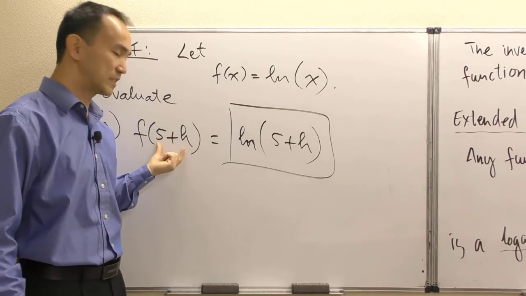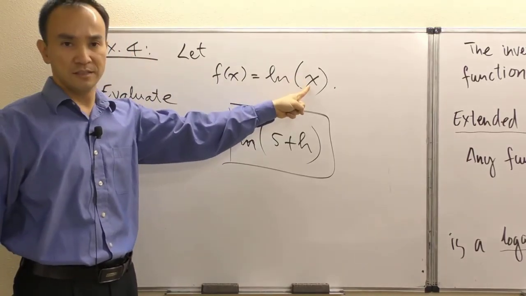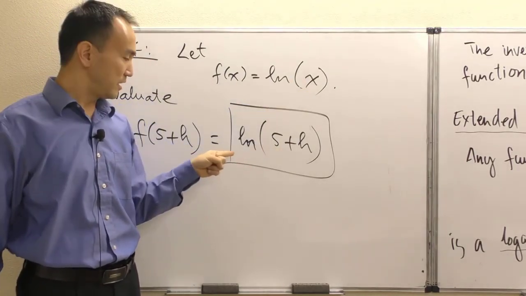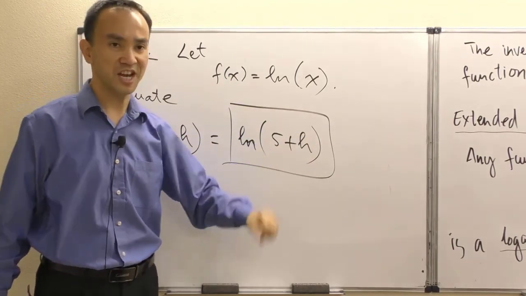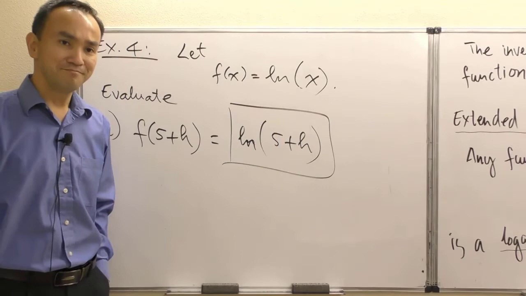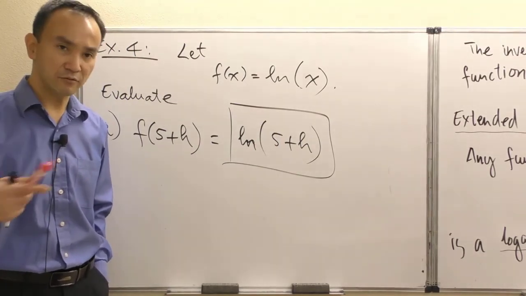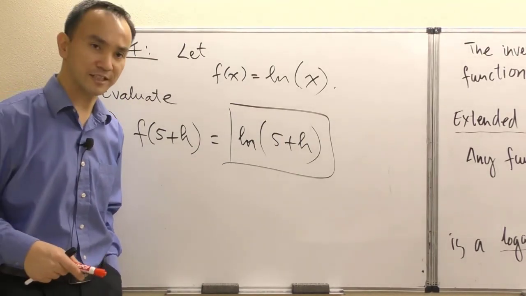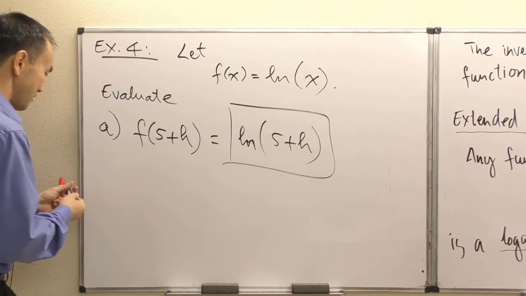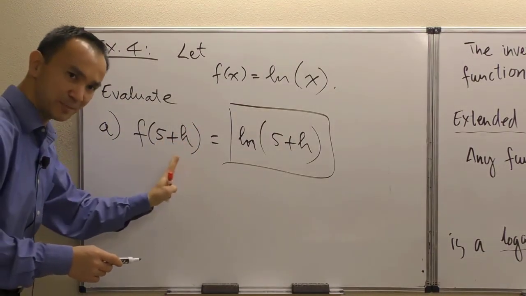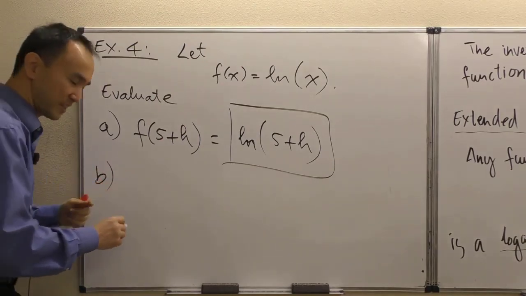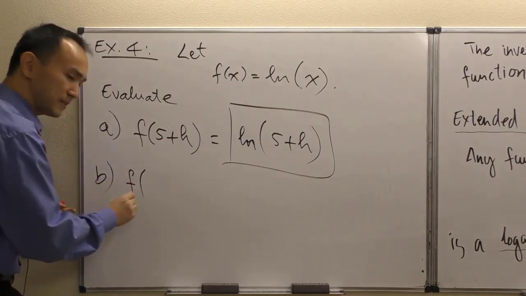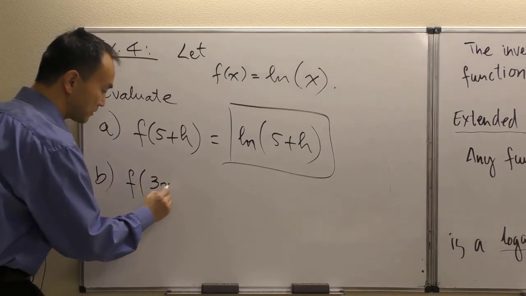Substitute the input expression into our input variable, and that becomes natural log, in this case, of 5 plus h. All right. So now, after so much beating around the bush, let's advance. I will come back to this part A some more, but let's do something else before I come back to that. So how about f of 3x minus 1?